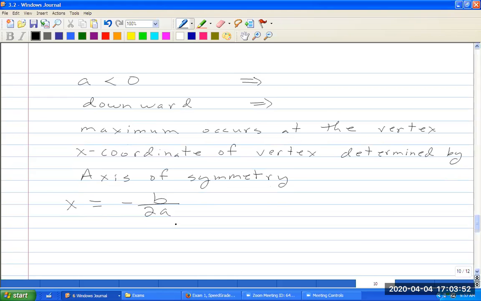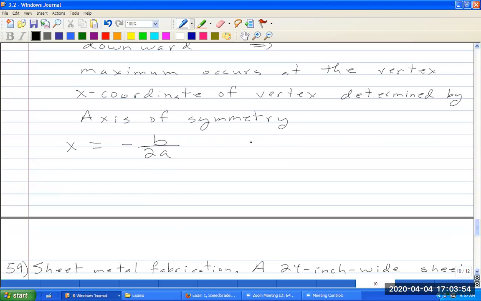So let's do that. I have x equals negative b, in this case b was 50, over 2a. a in this case is -1.